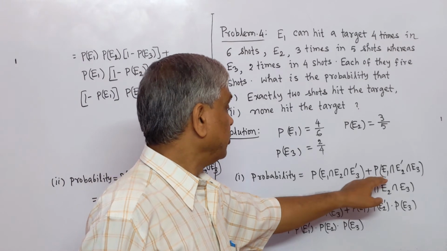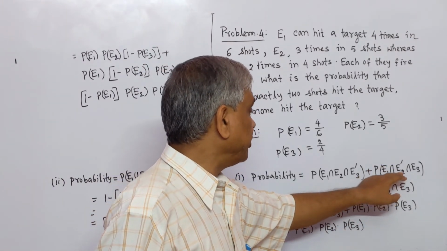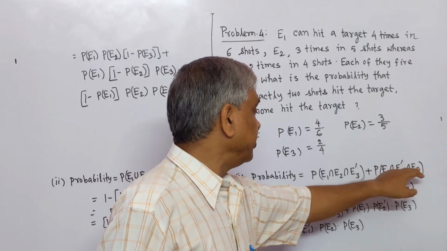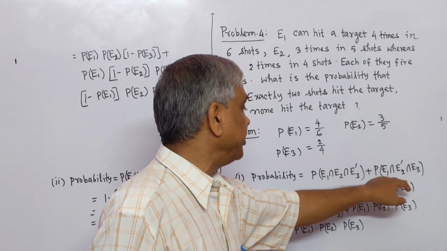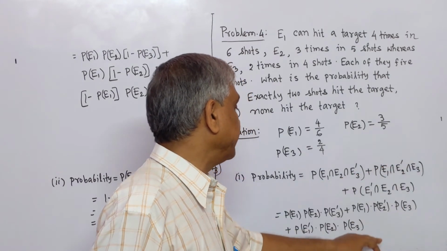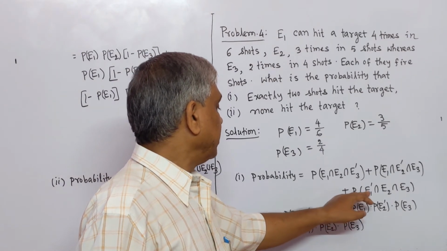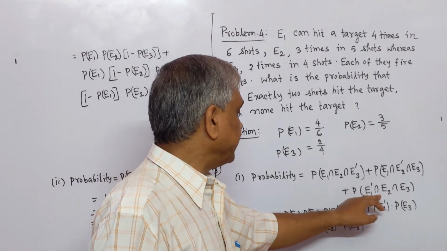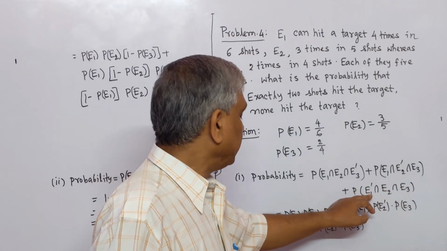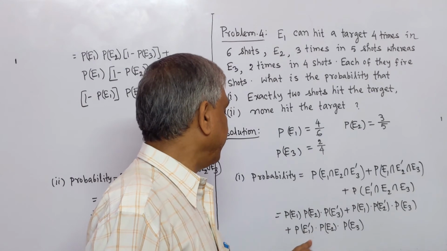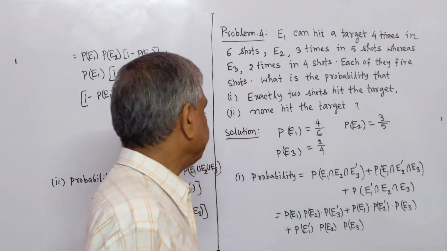Similarly, P(E1 intersect complement of E2 intersect E3) equals P(E1) multiply P(complement of E2) multiply P(E3). And P(complement of E1 intersect E2 intersect E3) equals P(complement of E1) multiply P(E2) multiply P(E3).